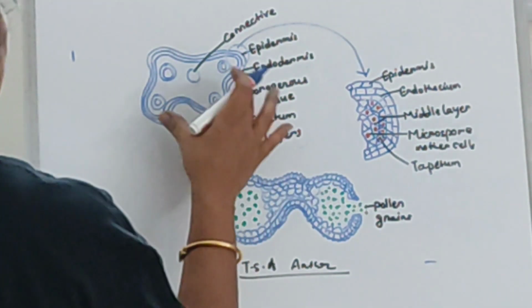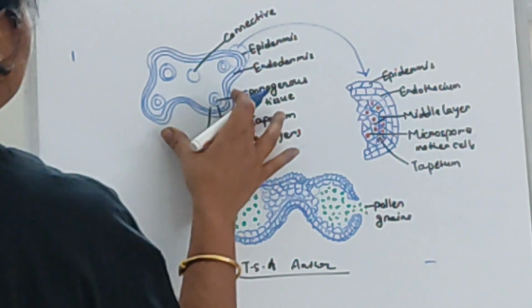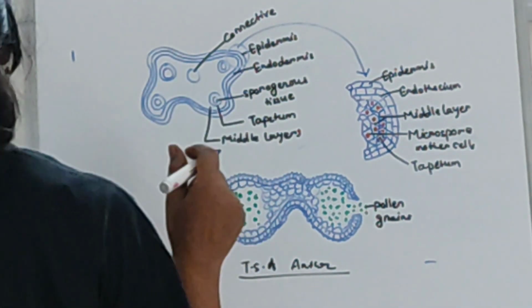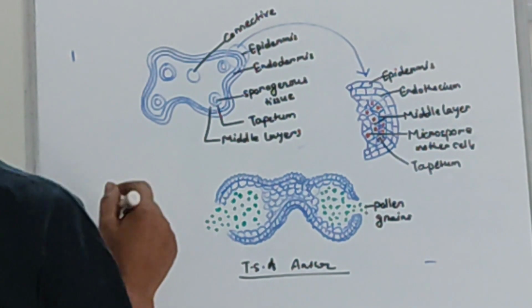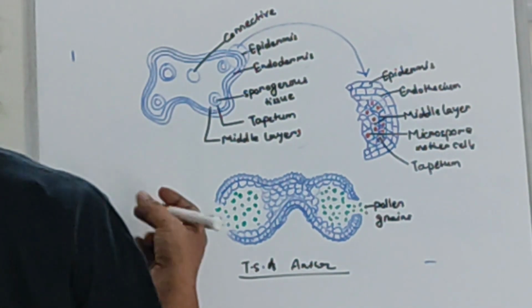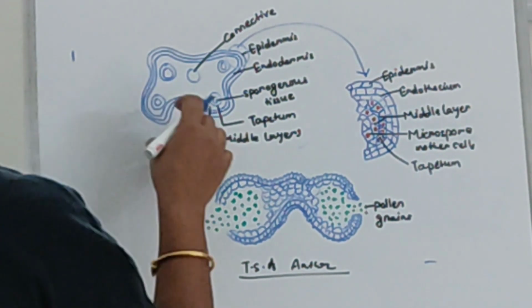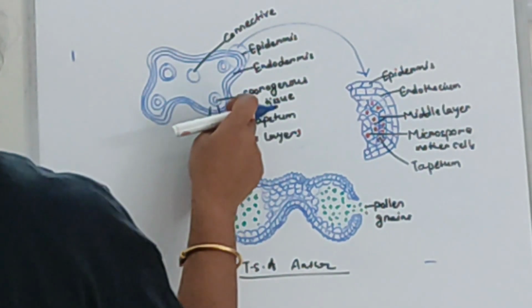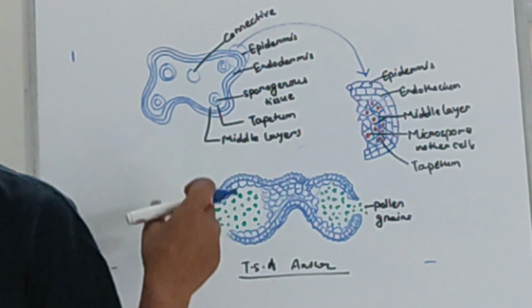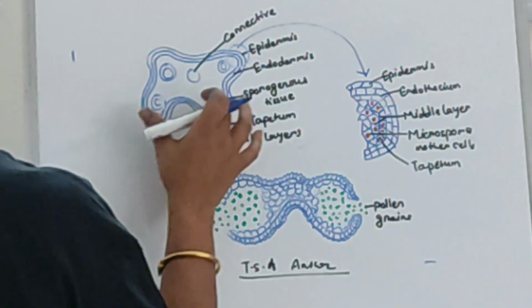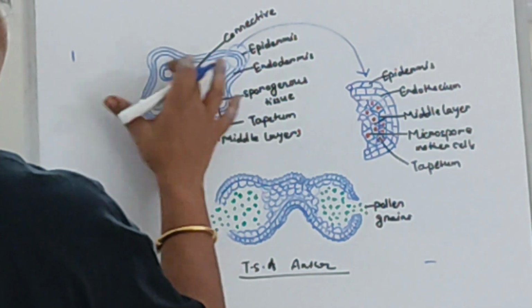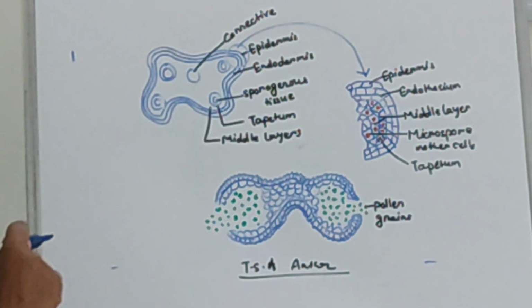This homogeneous tissue is called sporogenous tissue, and it occupies the center of each microsporangium.